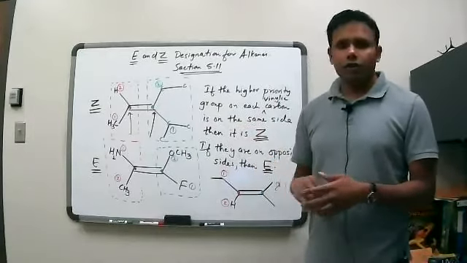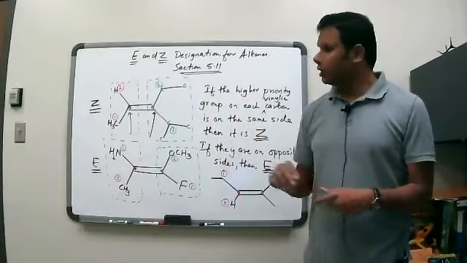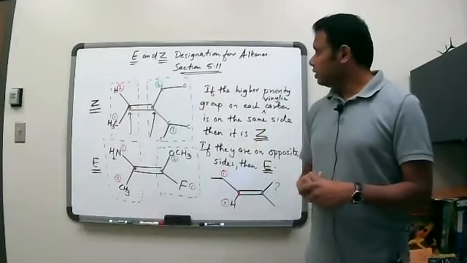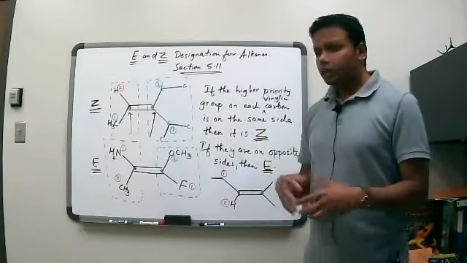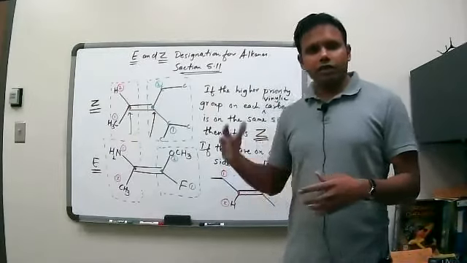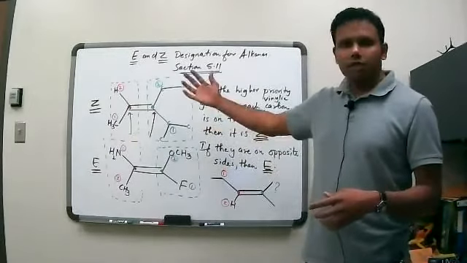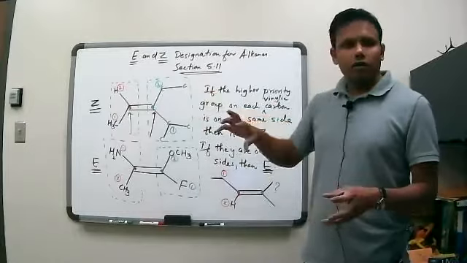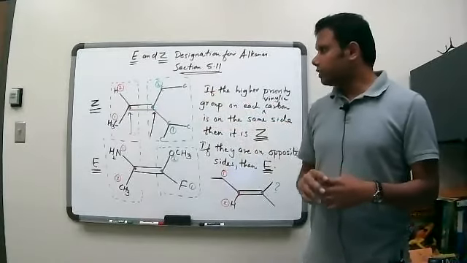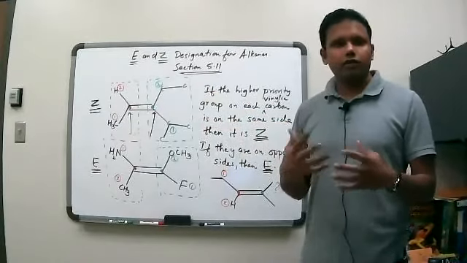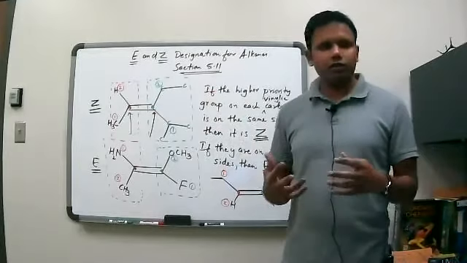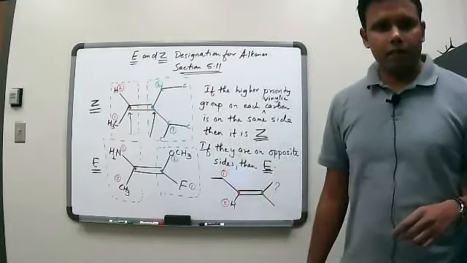We're going to come back to this nomenclature and we're going to use E and Z. So that is a discussion on E and Z. Again, it basically builds on the R and S that we did for enantiomers and diastereomers. It's the same sort of rules that you apply. Okay, I hope that helps.